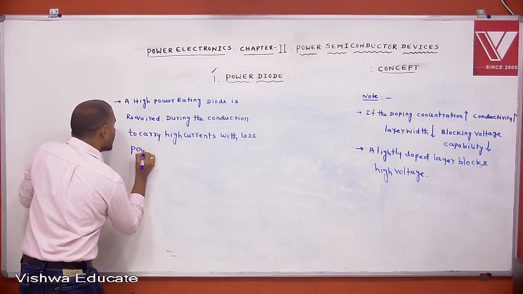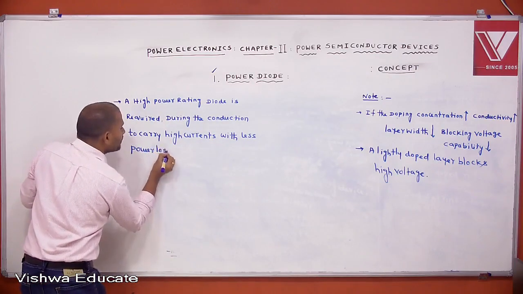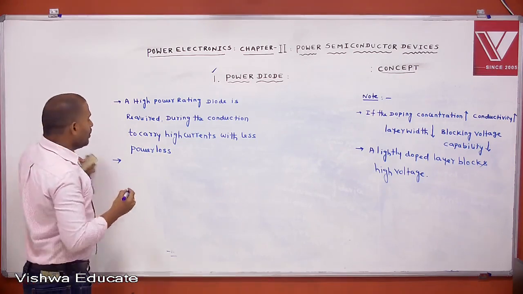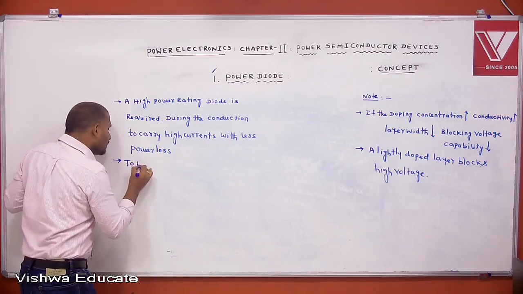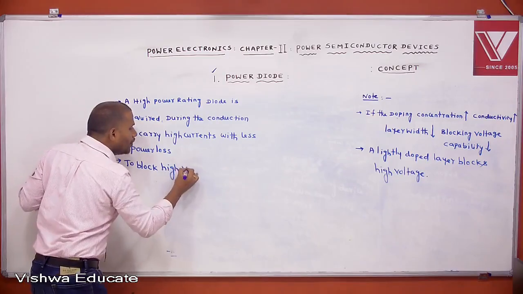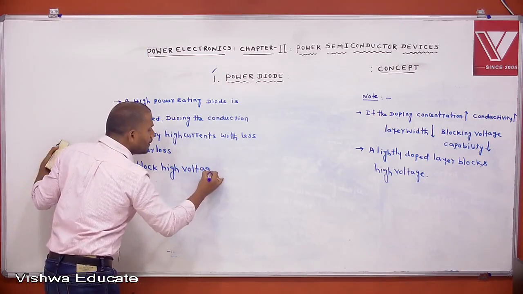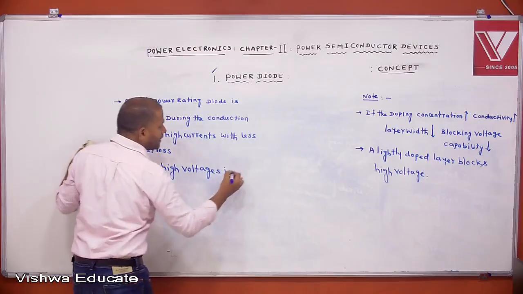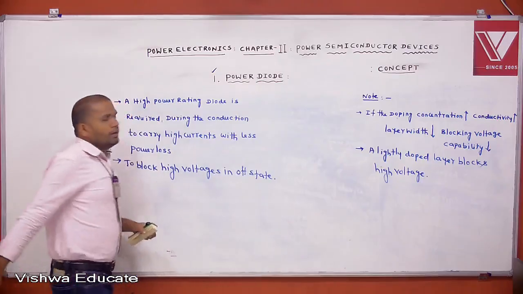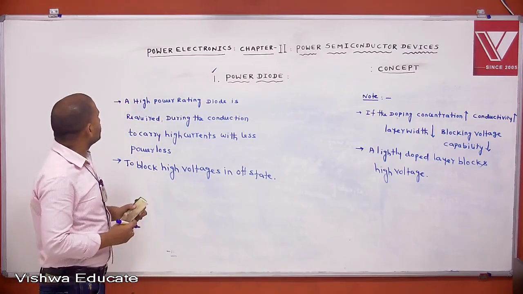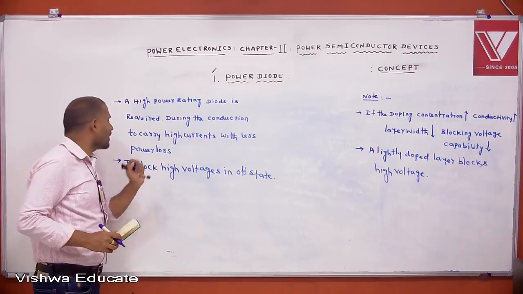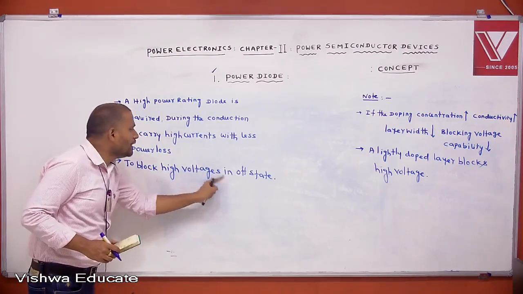Another need is to block high voltages in the off state. That is the need of using the power diode: during conduction, to carry high currents with less power loss, and to block high voltages in the off state.